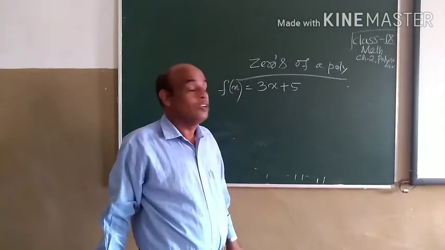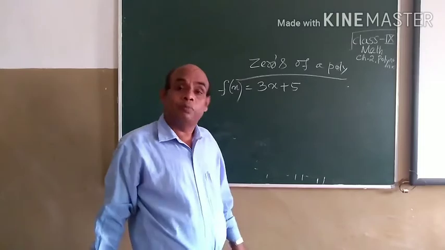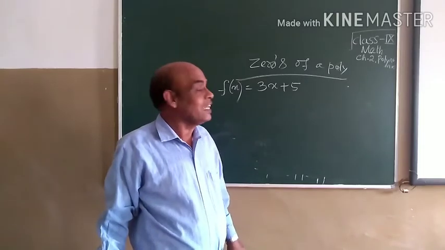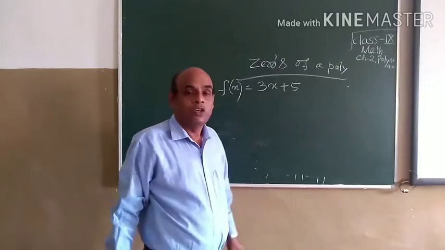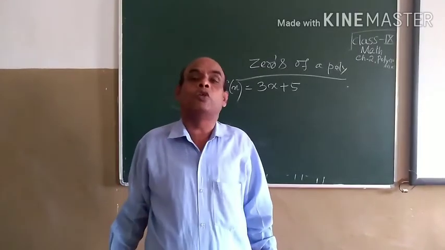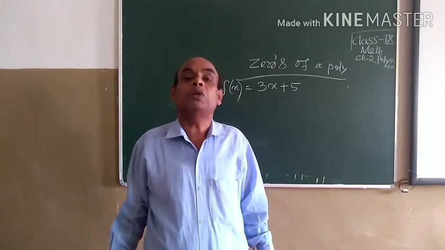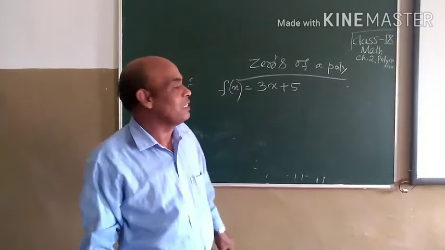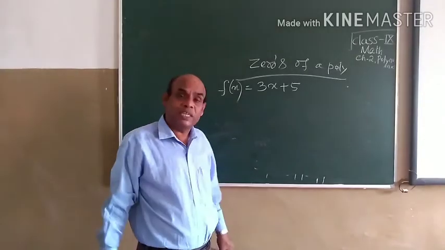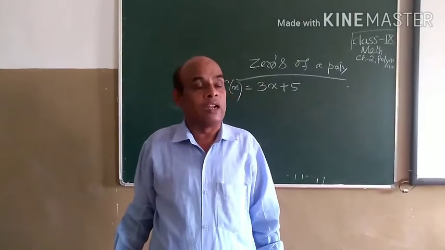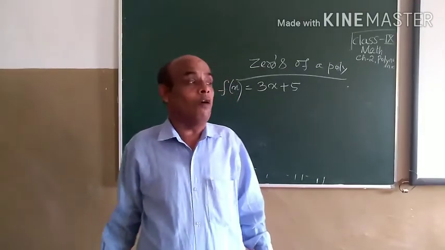So the question is, when the polynomial will be 0, what are the roots, what is the value of x so that the polynomial is equal to 0? The value of x is the root of the polynomial, otherwise you can say zero of the polynomial.